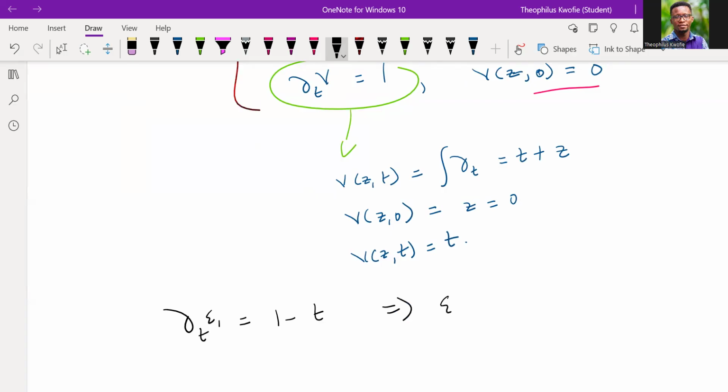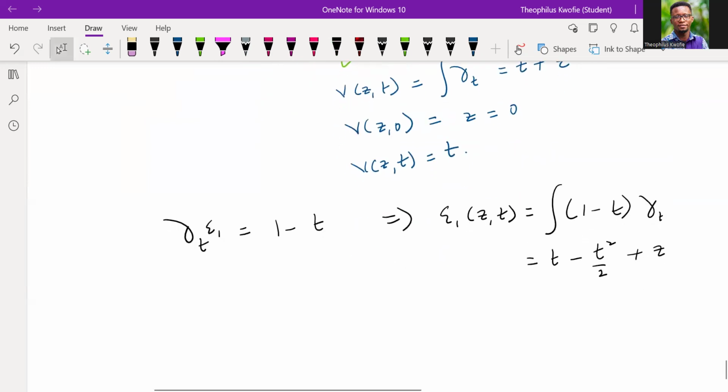So we're going to have our xi1(z,t) to be equal to the integral of what? 1 minus t. And that gives us what? t minus t squared on 2 plus some constant, what? Z, okay?